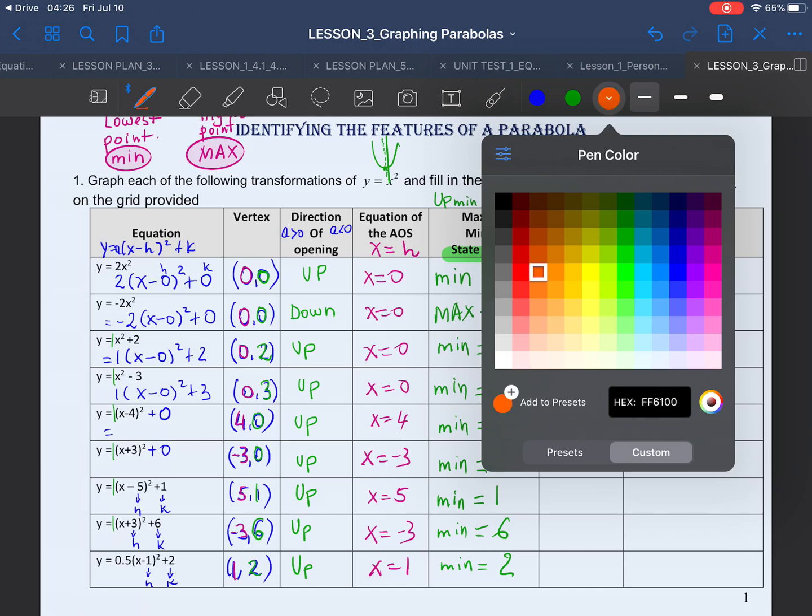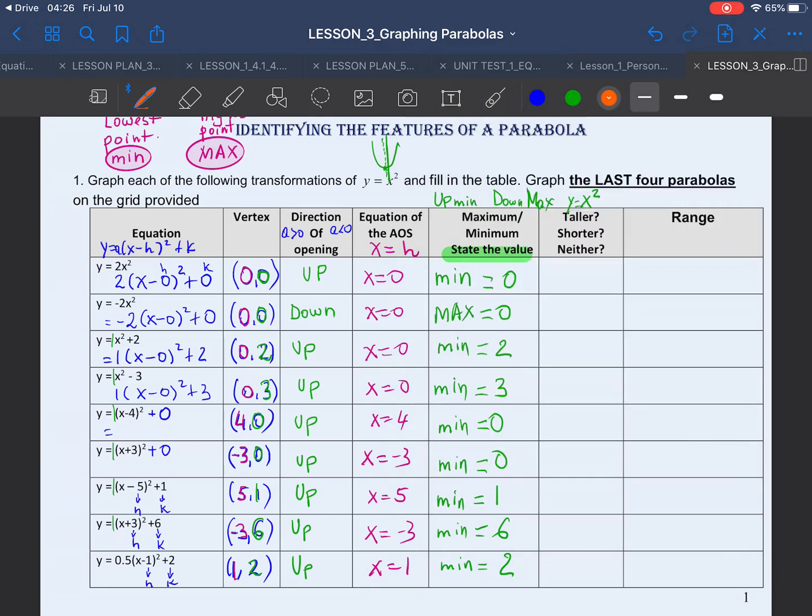And we say, okay, so if we are in a parabola, I'm going to change the color a bit, just for the fun. Okay, so if the parabola is taller, we compare it to y equals x squared. Is it going to be slimmer or taller or shorter? So it will always depend on the coefficient a.